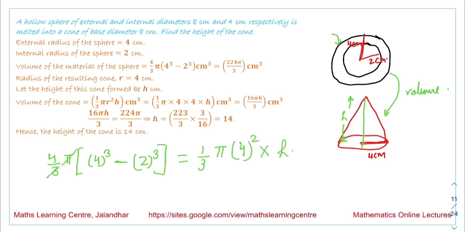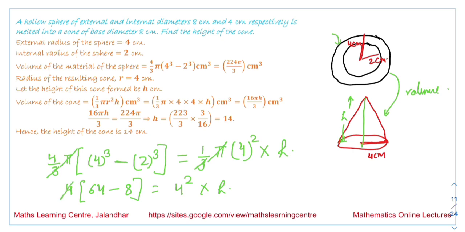So this 3 and pi get cancelled, and we are left with 4 into 4 cube minus 2 cube, so it is 64 minus 8, that is equal to 4 square into h.